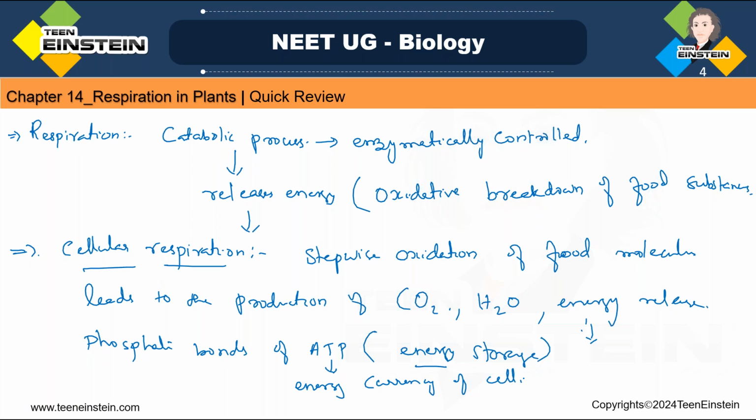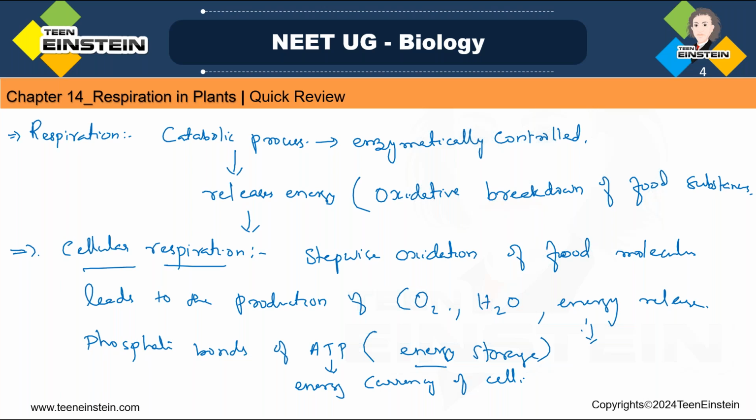So here cellular respiration means stepwise oxidation of food molecules, and oxygen is getting utilized. In that stepwise oxidation, what is happening? It leads to the production of carbon dioxide and water, along with energy, and energy is also getting released, right?